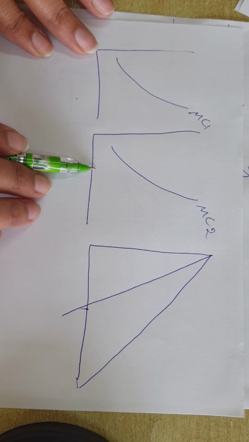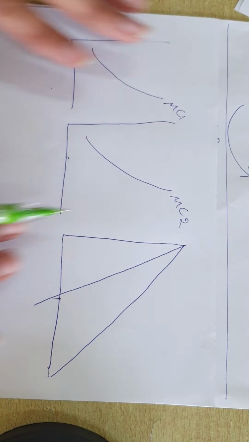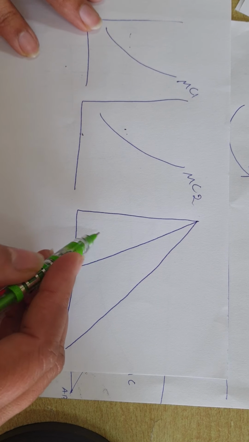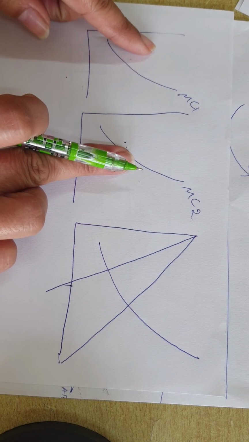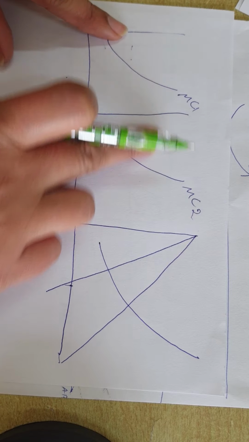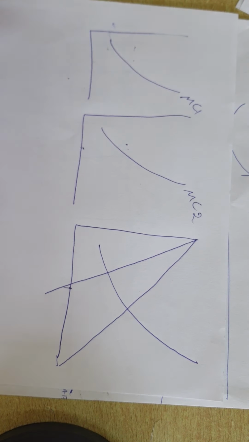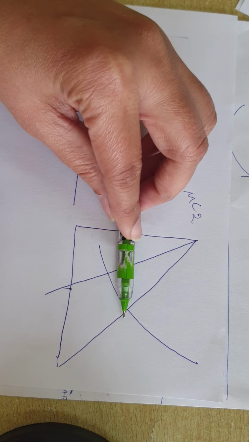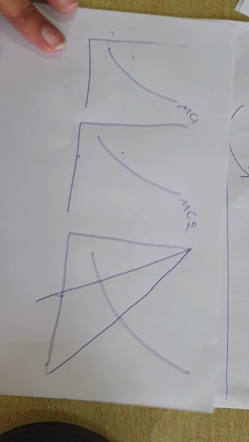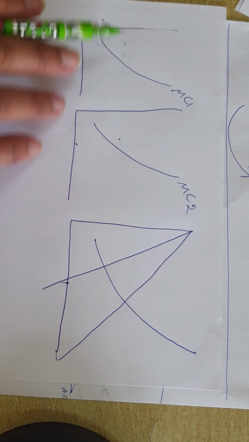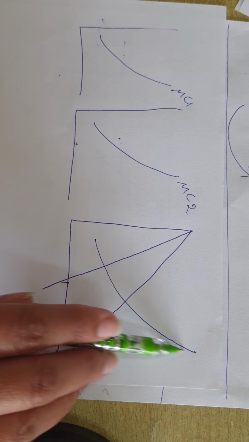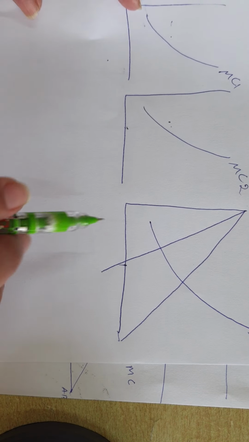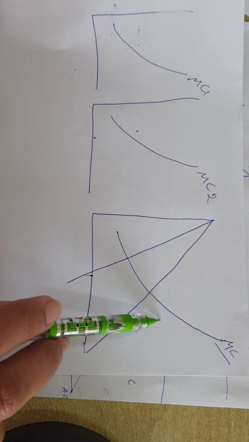So the product will be shown by its demand curve and plants will be shown by their marginal cost curves here. As you see in our formula, we will add both marginal cost curves and we will get this marginal cost here. I have added them horizontally, and I got this cost curve, which is marginal cost 1 plus marginal cost 2.